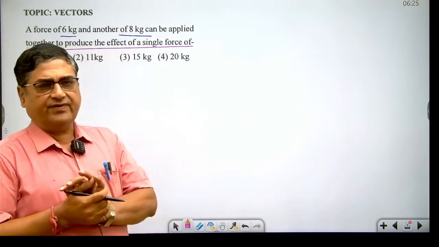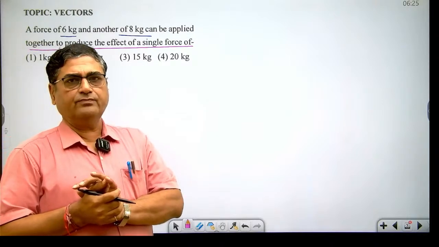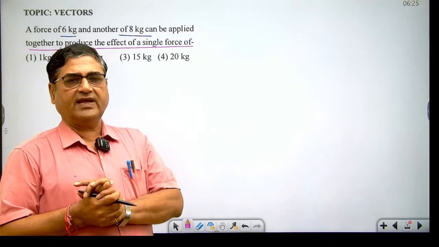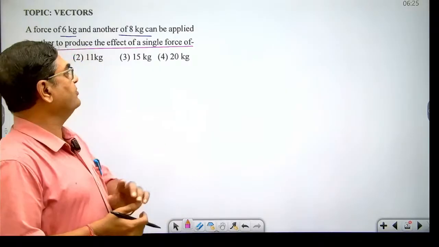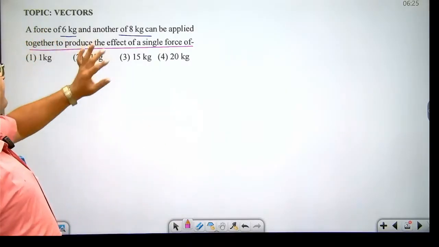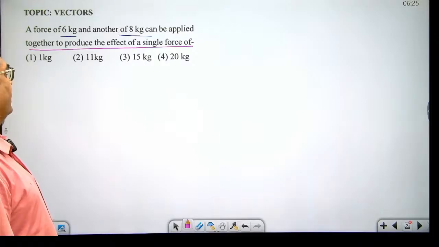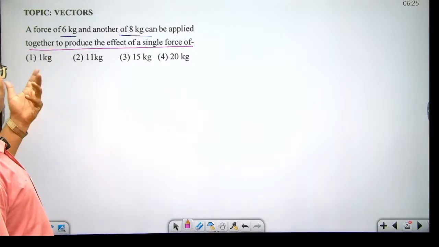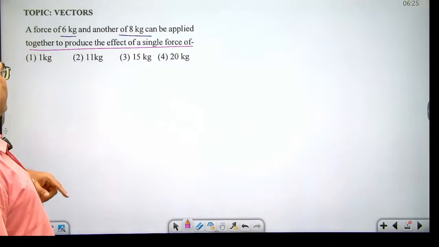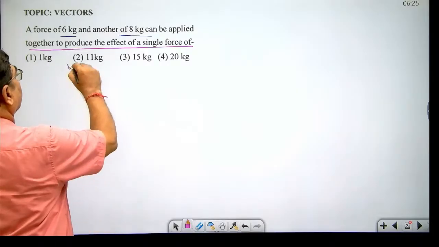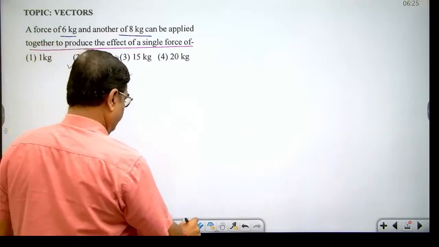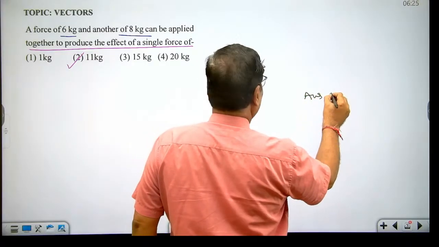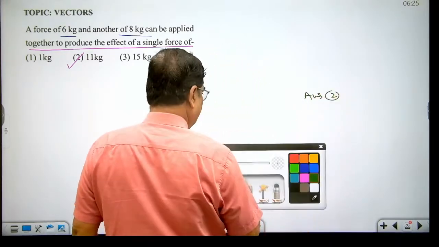In vector addition, we know when two vectors P and Q act at an angle theta, the resultant force lies between P minus Q to P plus Q. So dear students, 6 kg and 8 kg forces can produce a maximum of 14 kg and a minimum of 2 kg. So any force between 2 kg to 14 kg will be our answer. So out of 4 choices, the correct choice is option 2. Option 2 is the correct answer.